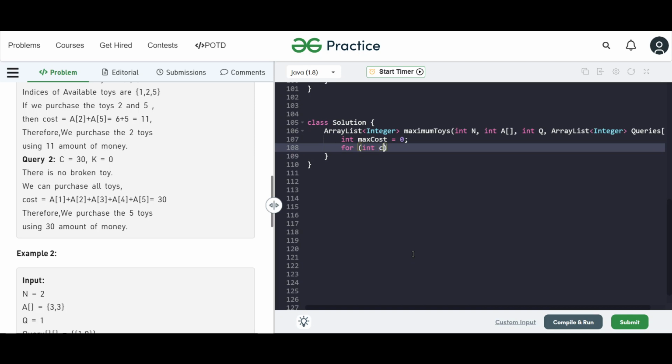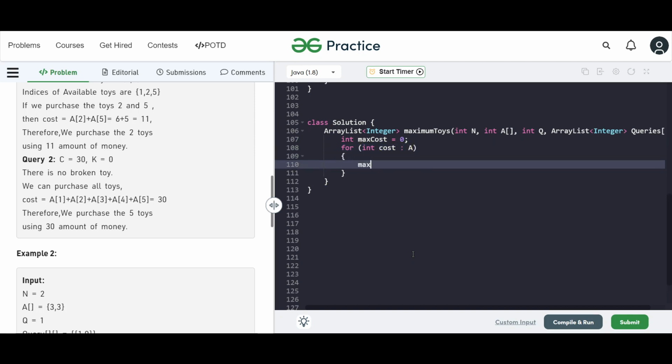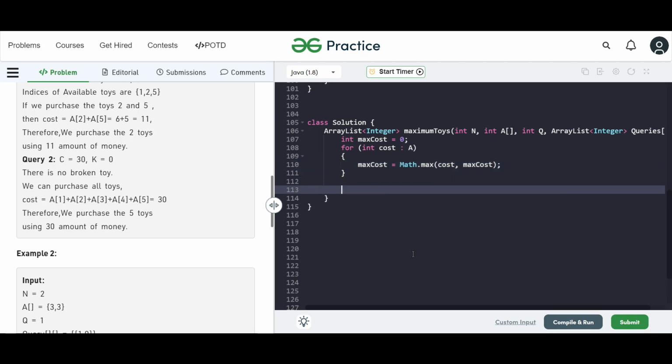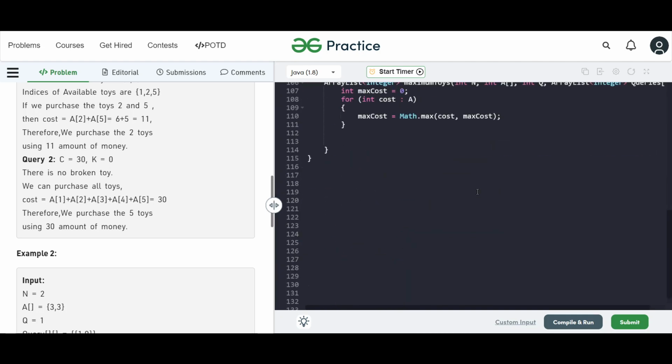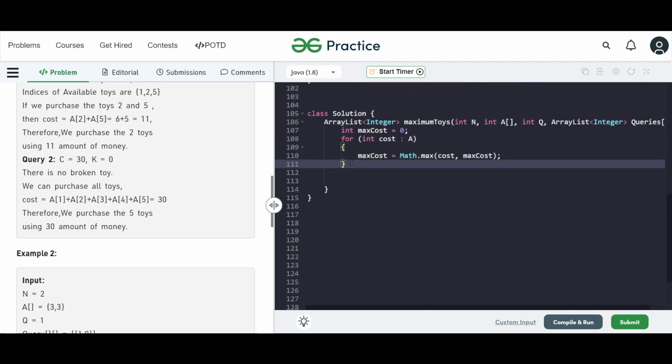Now for each cost in this array, we can do max cost equals to max of cost comma max cost. So we got the max cost, right? So this is the size, the max cost, because we are indexing now based on the costs. So this n that we'll pass to the Fenwick tree is the max cost.